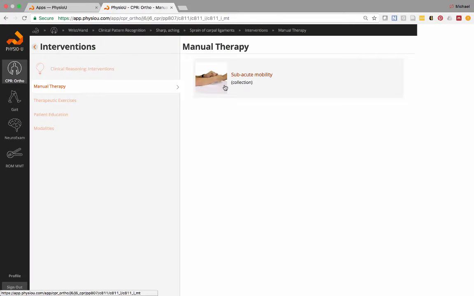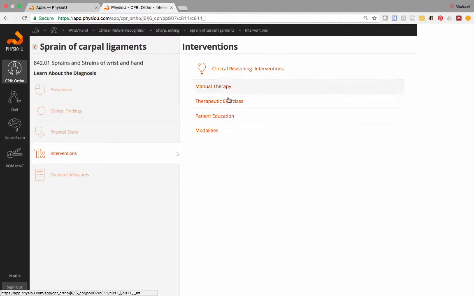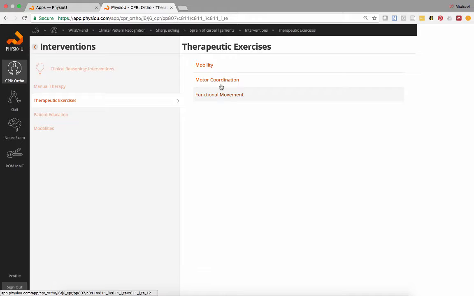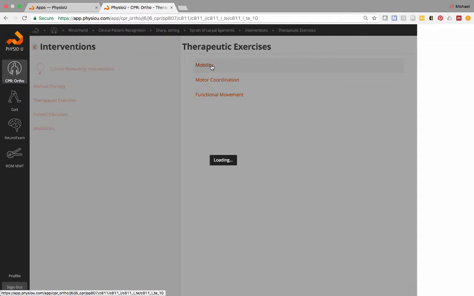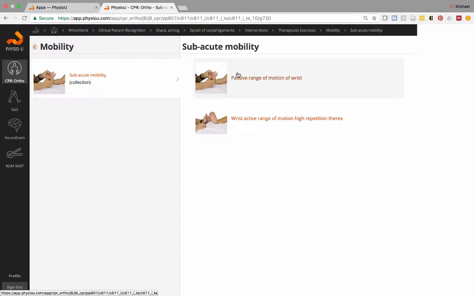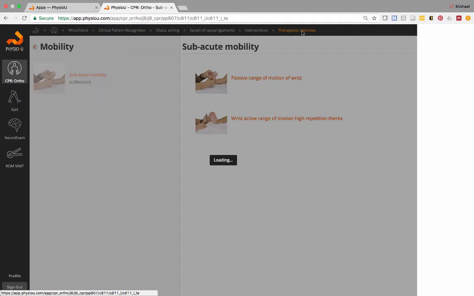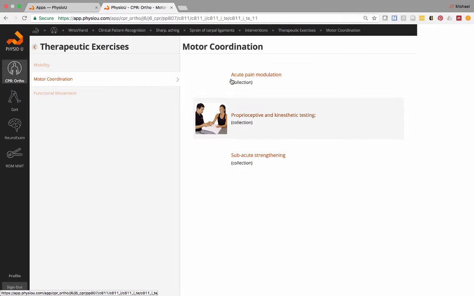Right, here's your subacute mobility restoration. And then therapeutic exercises, of course, you can do mobility, restoring mobility, different exercises, wrist active range of motion with high repetitions, and movement coordination.